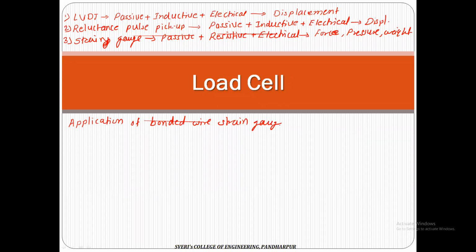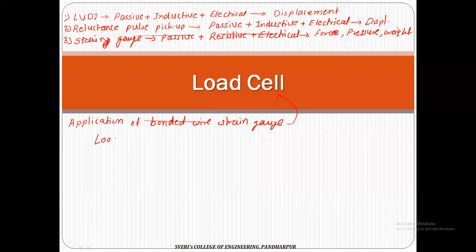It means that the load cell is nothing but the strain gauge. Whatever the basic principle behind the strain gauge, the same basic principle is applicable to that load cell. That's why I have written this very important sentence here: the load cell is the application of a bonded wire strain gauge.